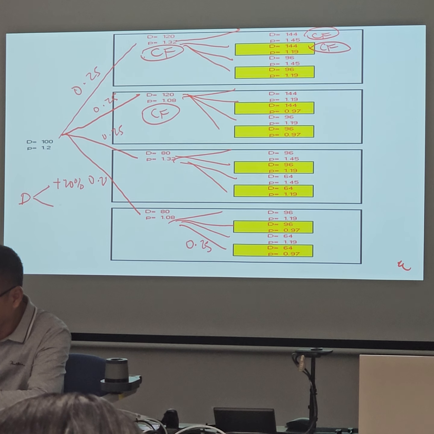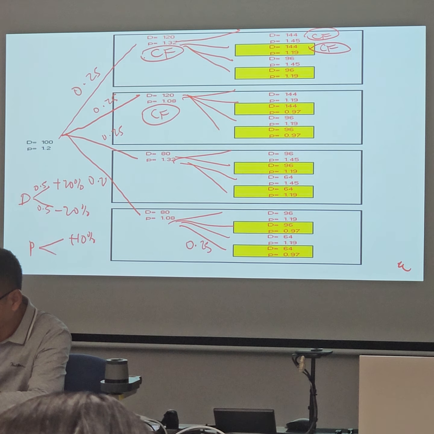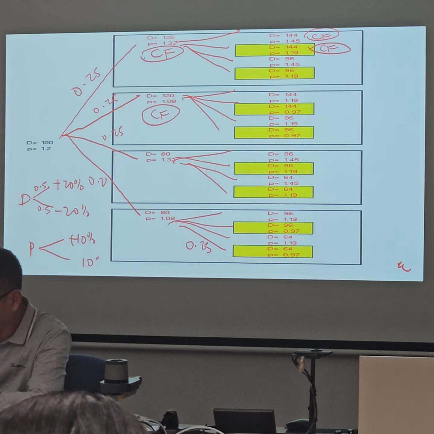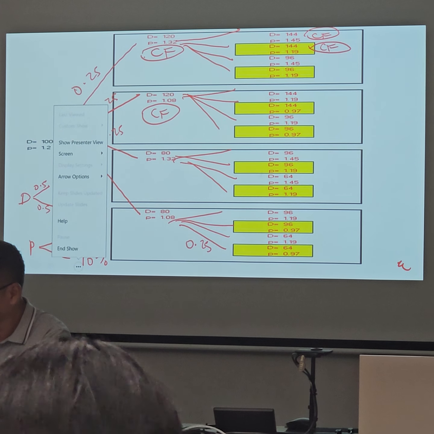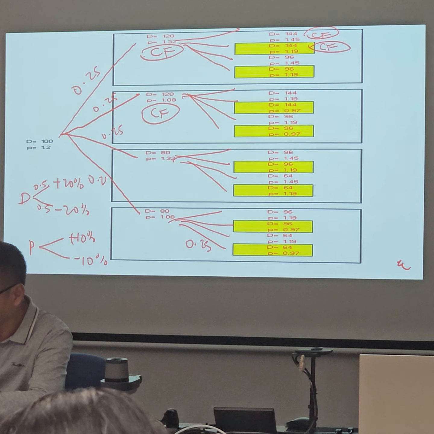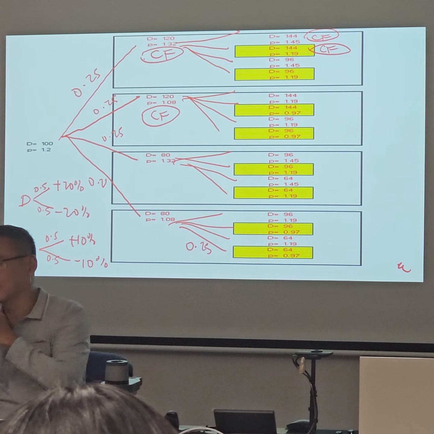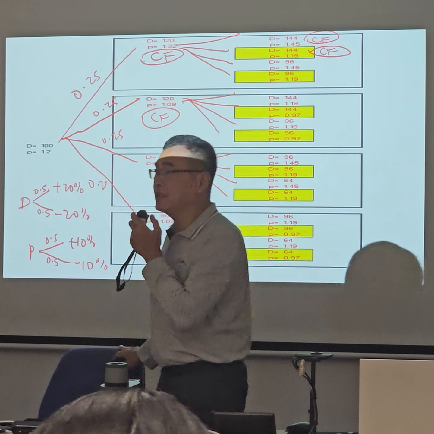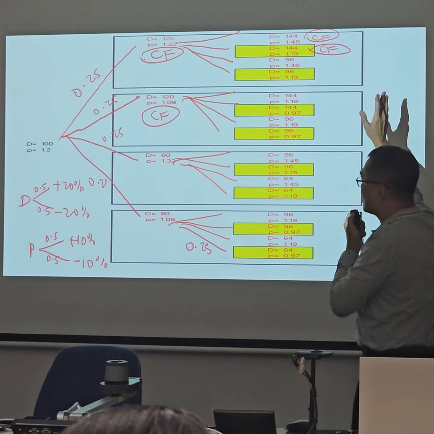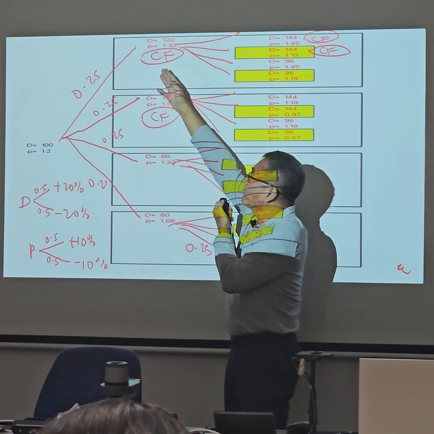Plus 20%, minus 20%, 0.5, the price plus 10%, minus 10%. So the first thing you need to do is know how to draw this decision tree, and then I suggest perhaps put the cash flow there.